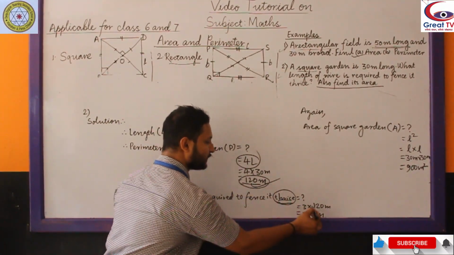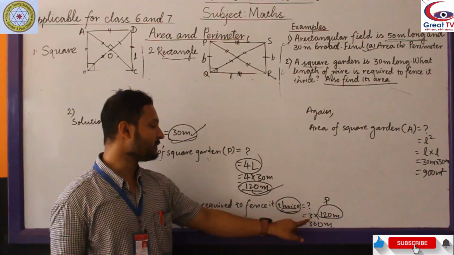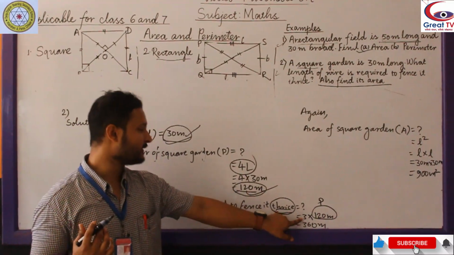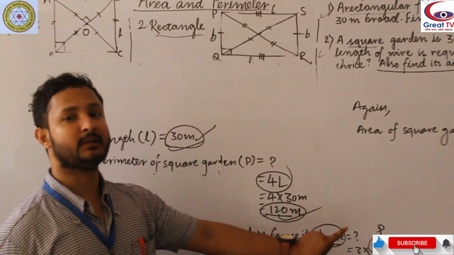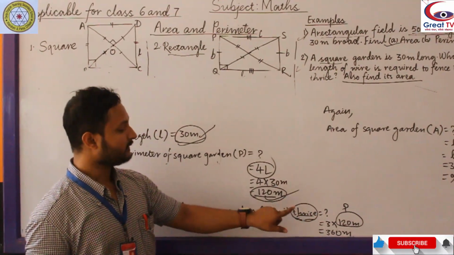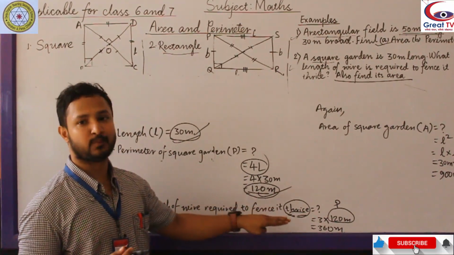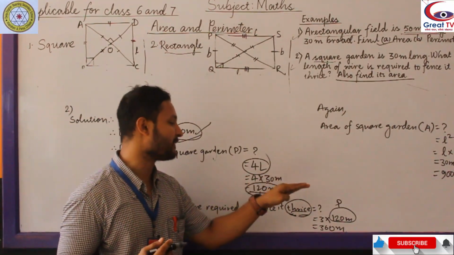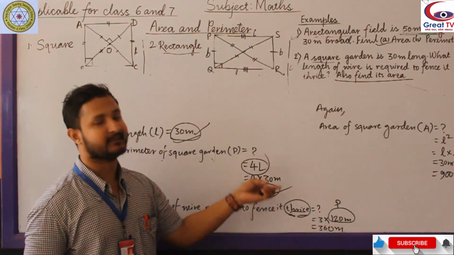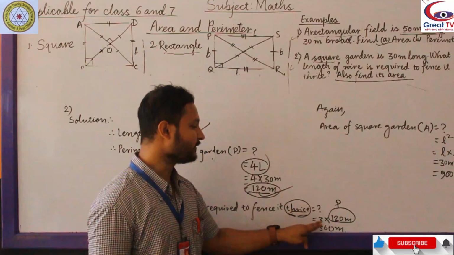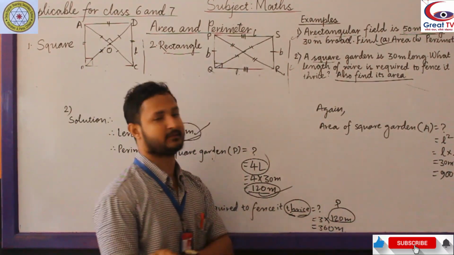If 4 times was given, then we have to multiply by 4. If 5 times, then we have to multiply by 5. But here thrice is used, that's why we multiply by 3. 3 times of 120 meter is equal to 360 meter.